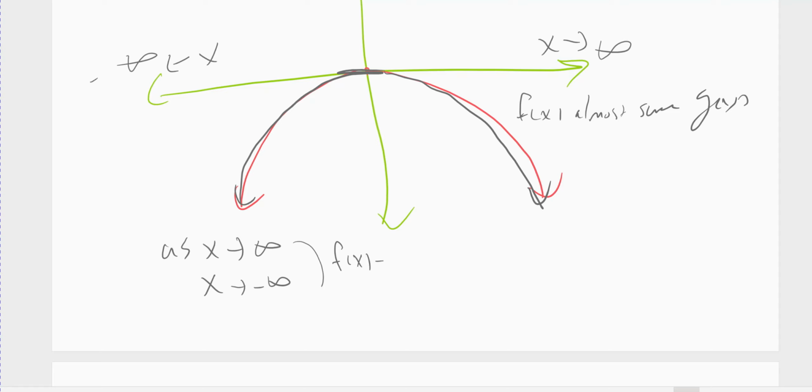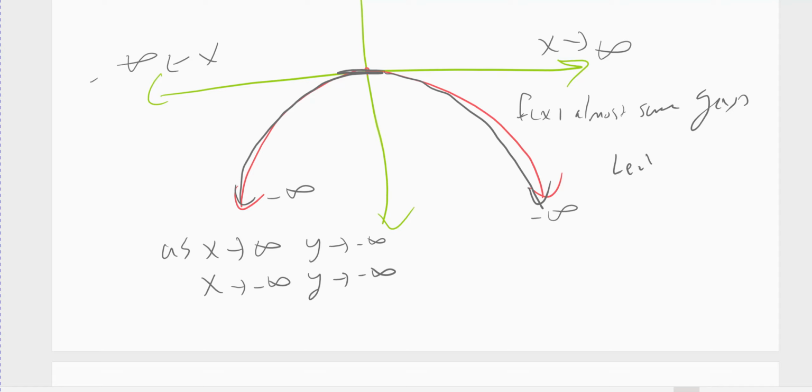My f of x, or my y values, are both shooting off to negative infinity. Both tails, both ends of my graph, are shooting off to negative infinity, in both directions.